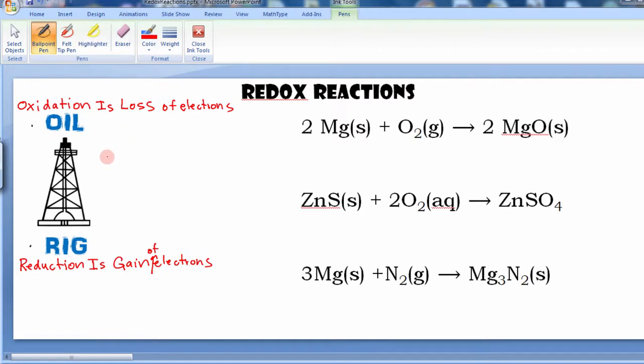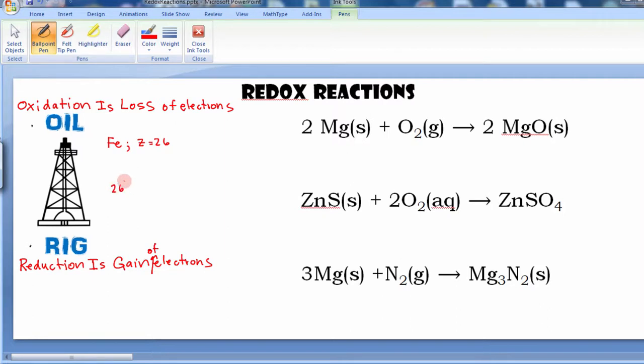So let me use this example of iron. It has an atomic number of 26, which means it has what, 26 protons.